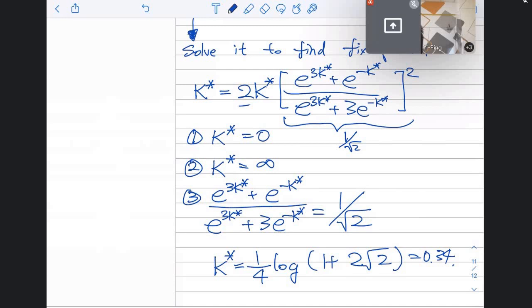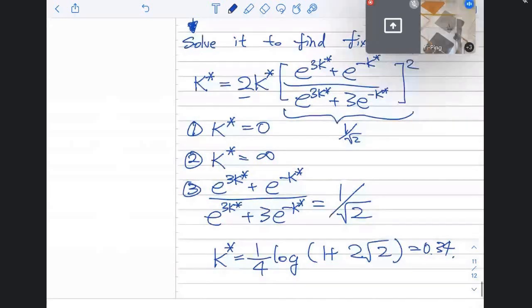But the exact value doesn't really matter. The point is that, in addition to 0 and infinity, in this 2D Ising model we actually get a non-trivial fixed point K star. And this K star is non-zero, suggesting that there is a finite temperature phase transition in the two-dimensional Ising model. And this is the paramagnetic phase.